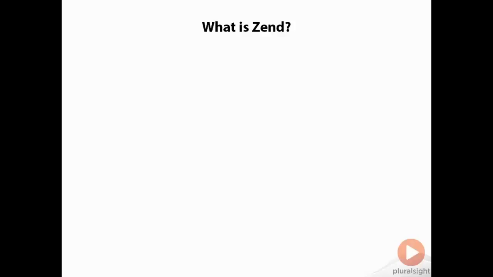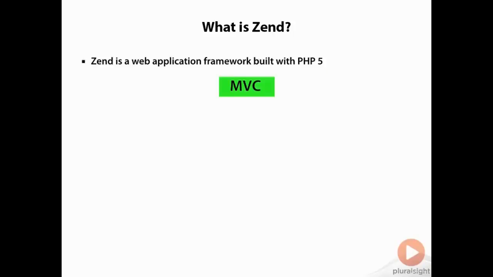So what exactly is Zend? Zend is a web application framework built with PHP 5. PHP 5 became fully object-oriented compatible, and indeed, Zend is very OO in nature. Every web framework these days needs to have MVC, or Model View Controller, functionality, and Zend has that.